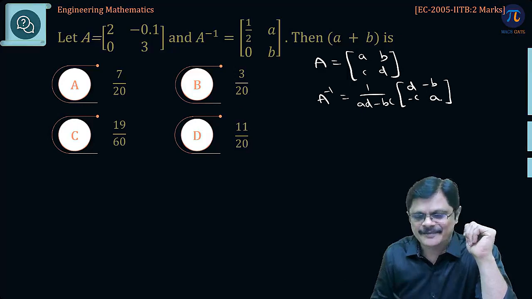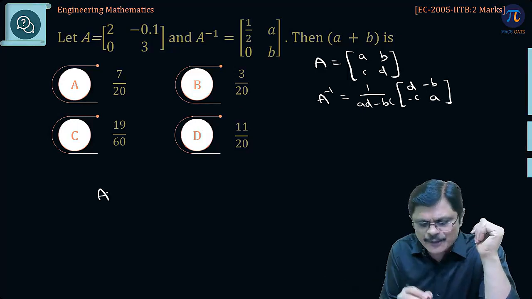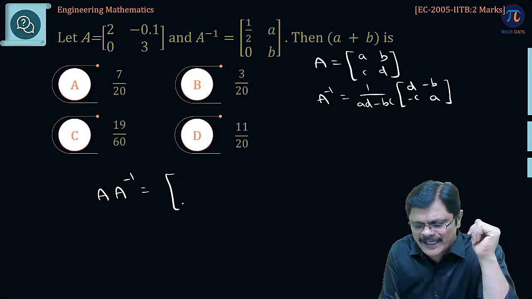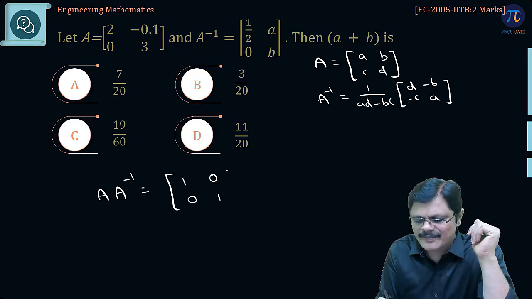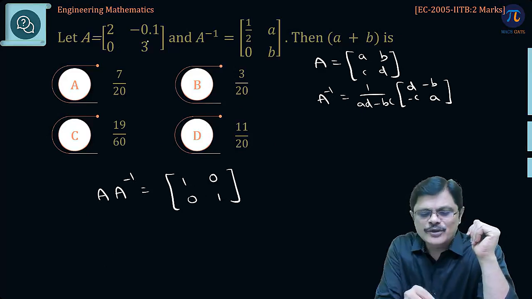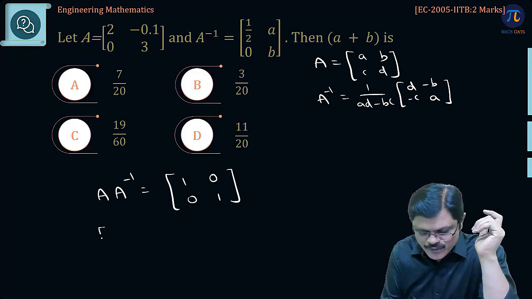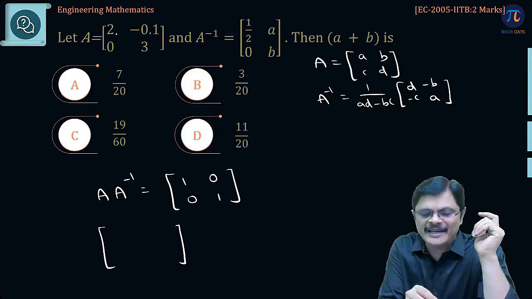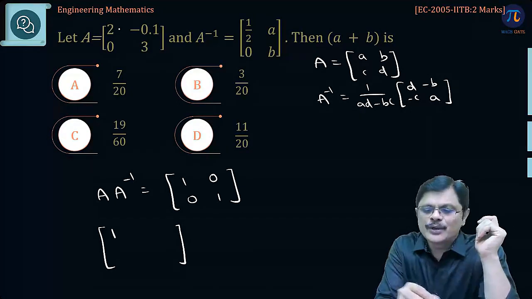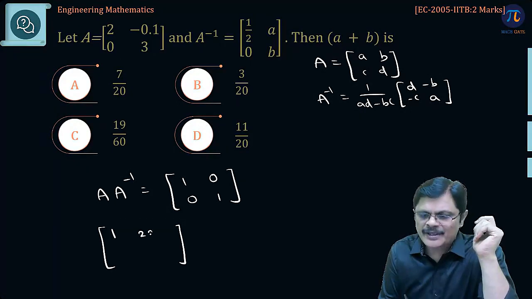You try this. One more method: when you know it is the inverse of the matrix, you know A into A inverse should be equal to the identity matrix. So when you multiply, you should get the identity matrix. On the left side, when you multiply A with A inverse, 2 into half is 1, 0. So it is 1. 2 into A, that is 2A, minus 0.1B.